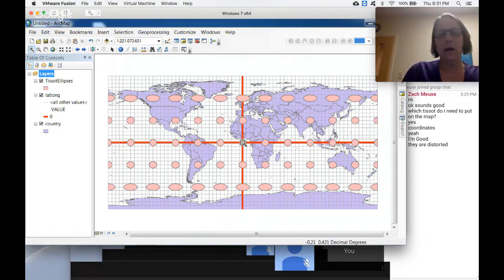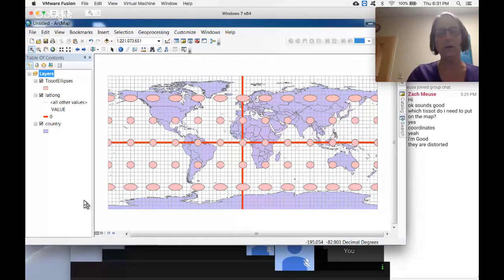So there's no distortion right along the equator, or very little distortion right along the equator. But the further we get away from the equator, our Tissot ellipses become more and more distorted. And you can see, of course, that the landforms behind them are also distorted. And so this process introduces difficulties.